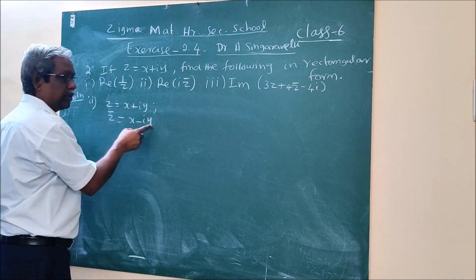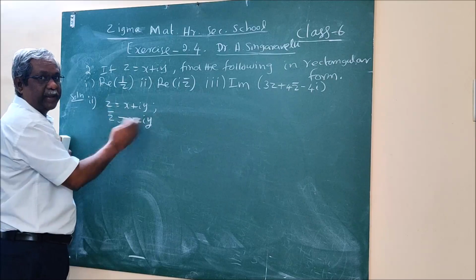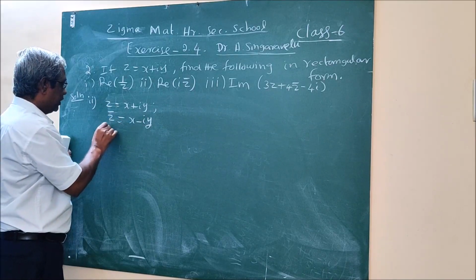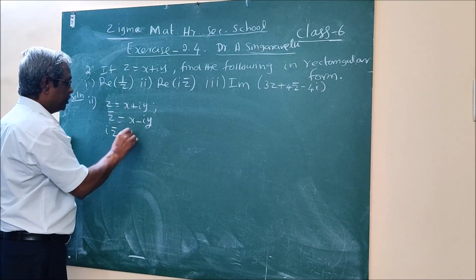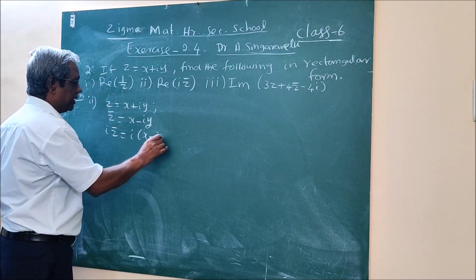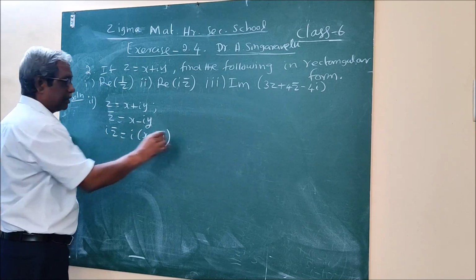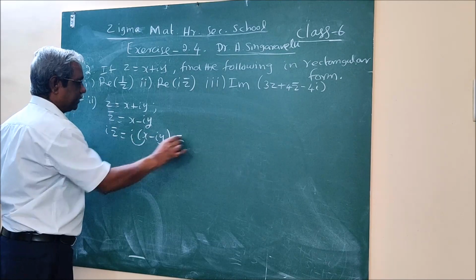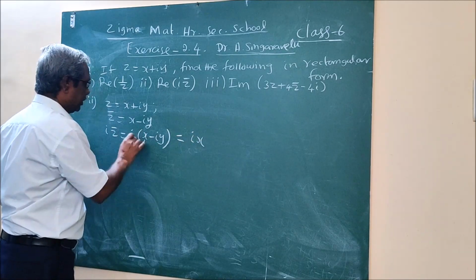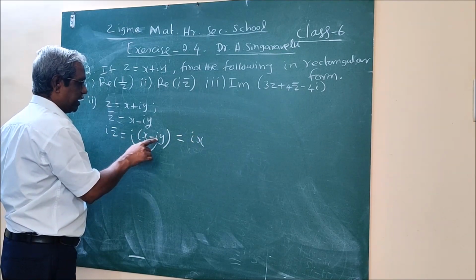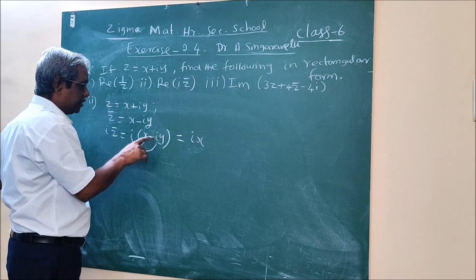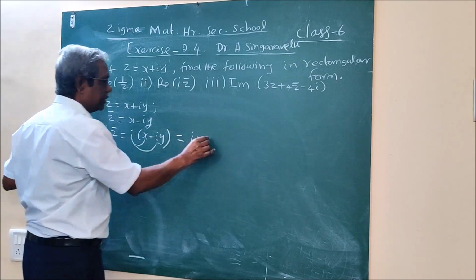Pre-multiply on both sides by i. So i z bar equals i into x minus iy. I into x is ix. I into minus iy: i square is minus 1, minus into minus plus y.